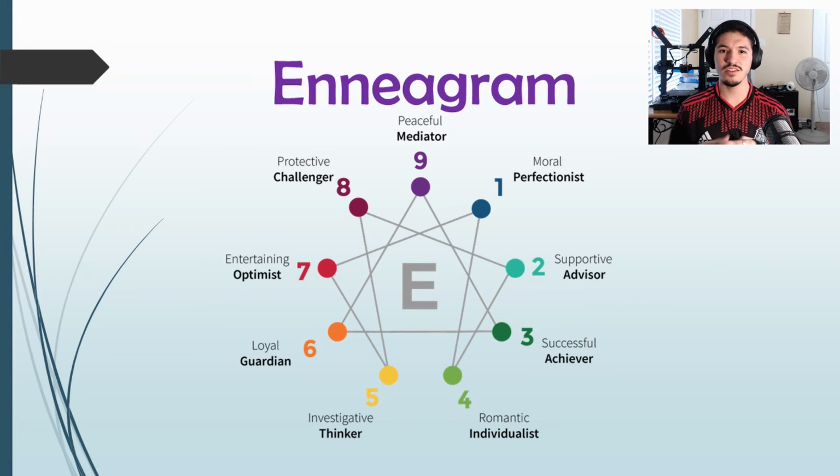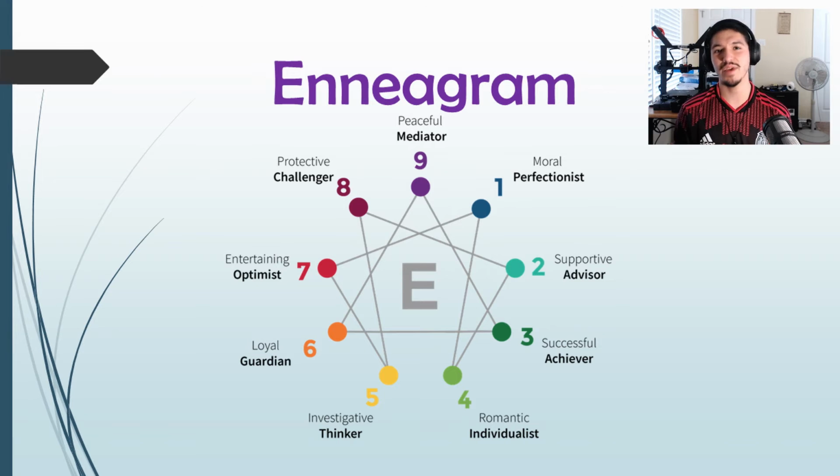Type 2s, their drive is love, feeling love, and helping others feel loved, right? Type 3s are more of achievers, as it says in the PowerPoint, right? They're very success driven. Type 4s, their drive is individuality. Type 5s, their drive is intellect, knowledge, and type 6s is loyalty, right?